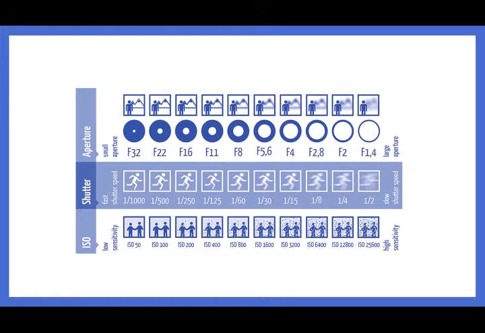As you can see from the picture, ISO, shutter, and aperture have a very different function. For ISO, less ISO will give very less grain, however the sensitivity to the light is very low.